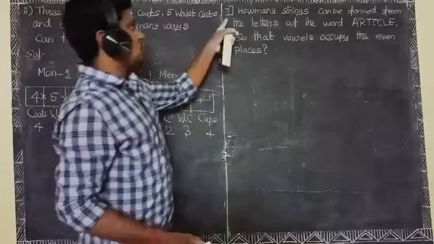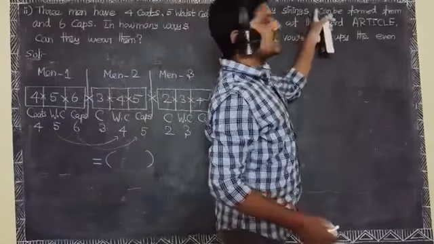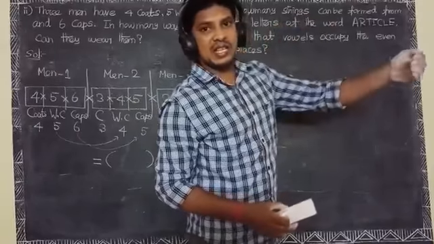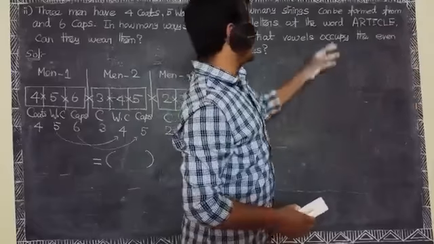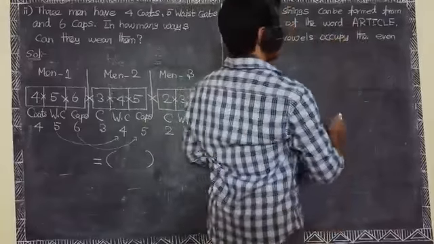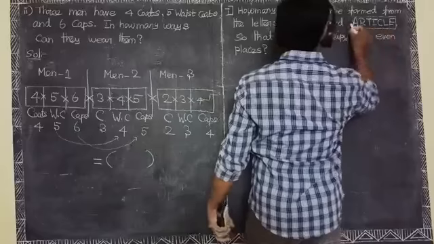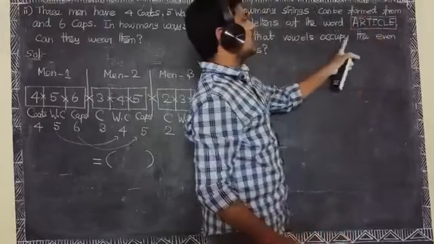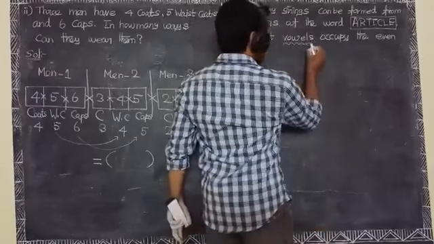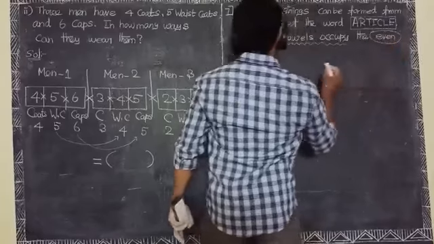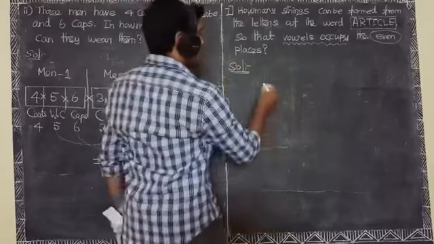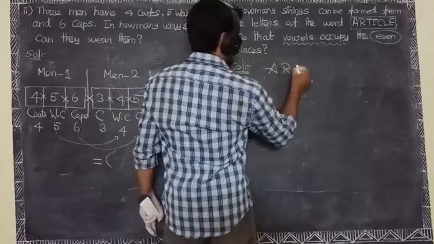Then the 7th question: how many different arrangements can be formed from the letters of the word ARTICLE, so that vowels occupy the even places? This is the condition. Solution: here given the word ARTICLE.